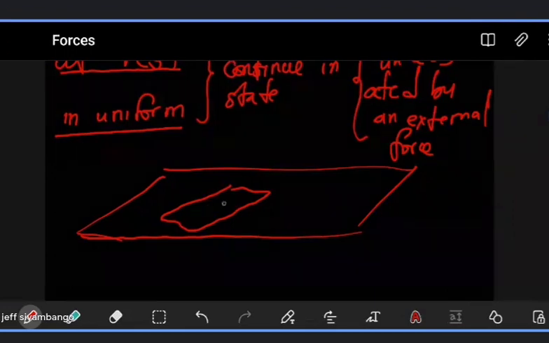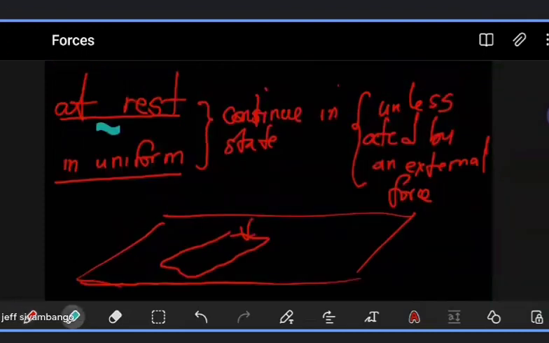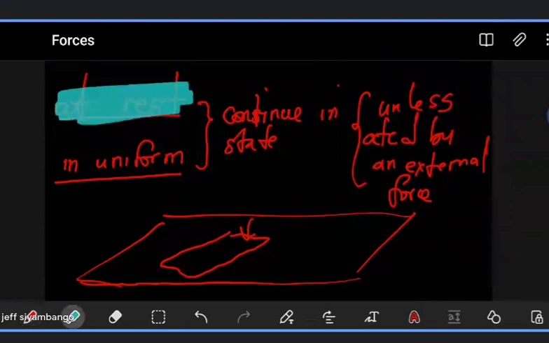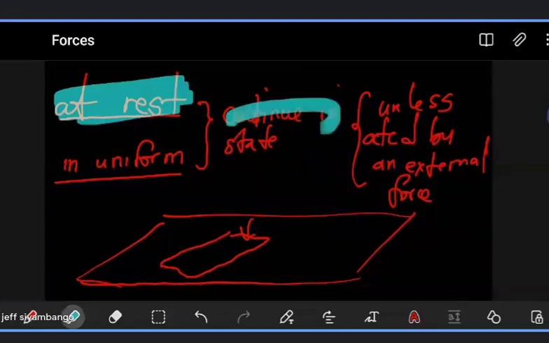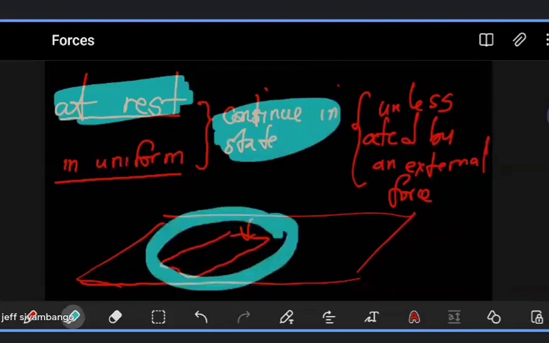What Newton's law predicts is that when you leave it on your table, it's in a state of rest. That bill is at rest. He predicted that this bill will remain in its state of rest. It will remain on that table throughout. If you come back to your room after a week, you should find it exactly where you left it.